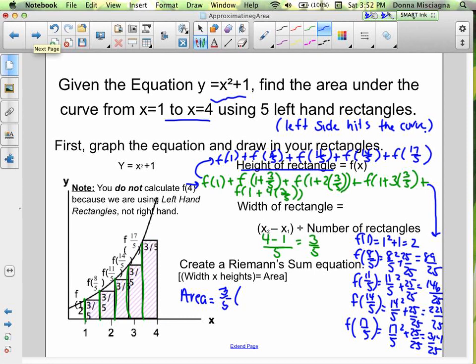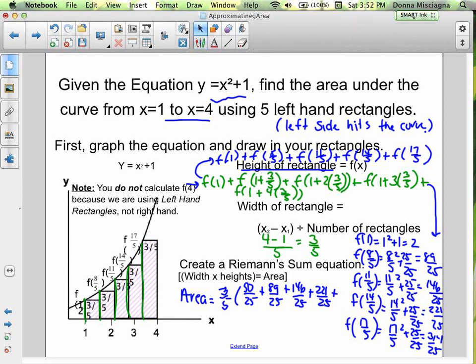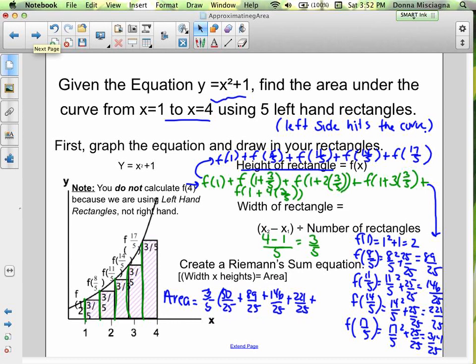All right, so our area is going to be 3/5 times, I'm going to change 2 to 25ths so I can add them all together: 50/25 plus 89/25 plus 146/25 plus 221/25 plus 314/25.